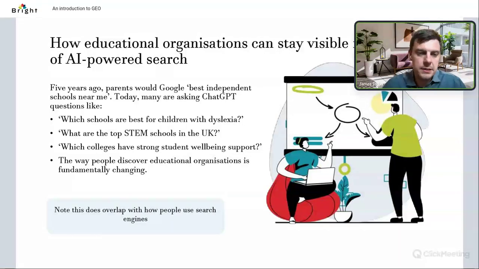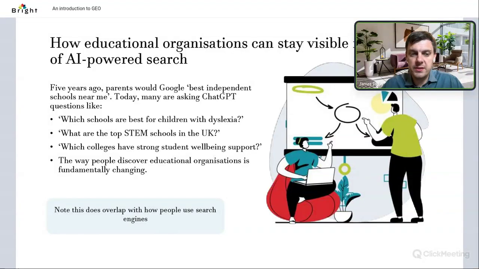They might be searching for employability linked to particular qualifications for their children or particular examinations, and they would be Googling those things to find the search results. Whereas now we know that people are using platforms like ChatGPT to ask questions.